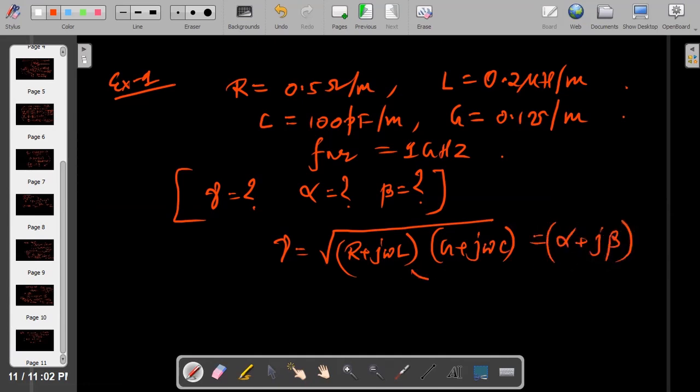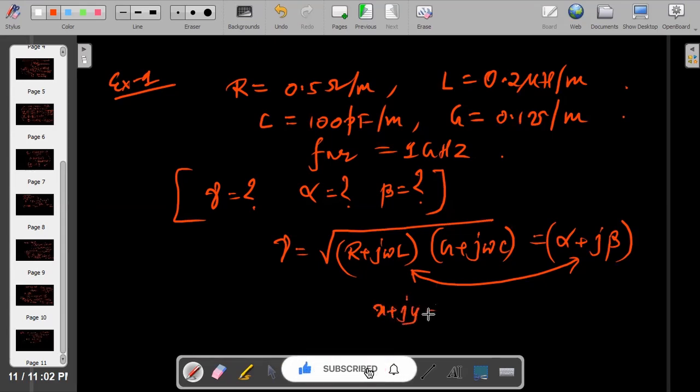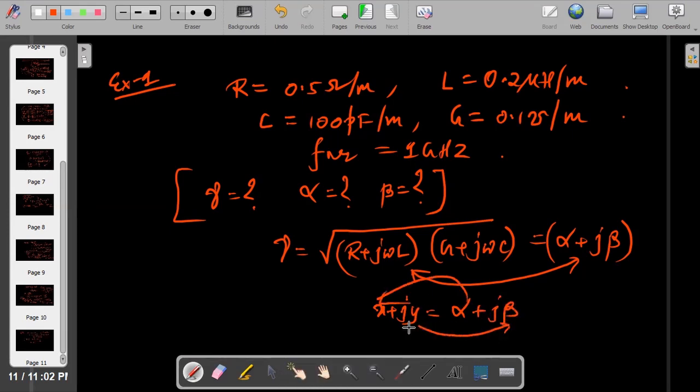So from there, you have to get a relation between alpha and beta. You place these equations in the form of x plus jy, so that you will get alpha plus j beta. From there, you can easily get alpha and beta.